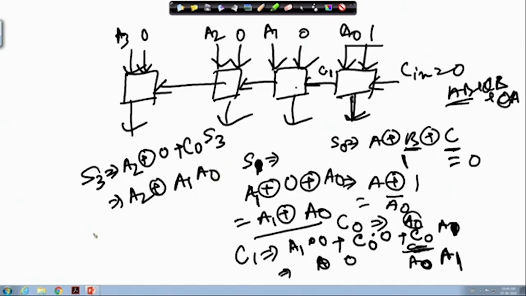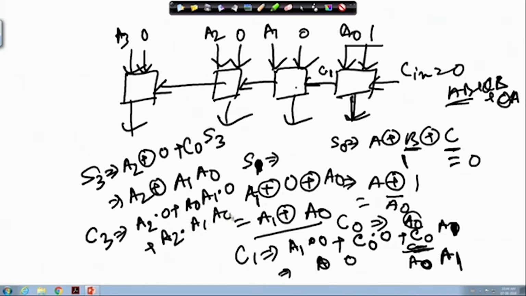Okay. Now, what will be the C2 value? C2 value is again A2 into 0 plus A1 into 0 plus A2 into C1, that is A1 and A0.